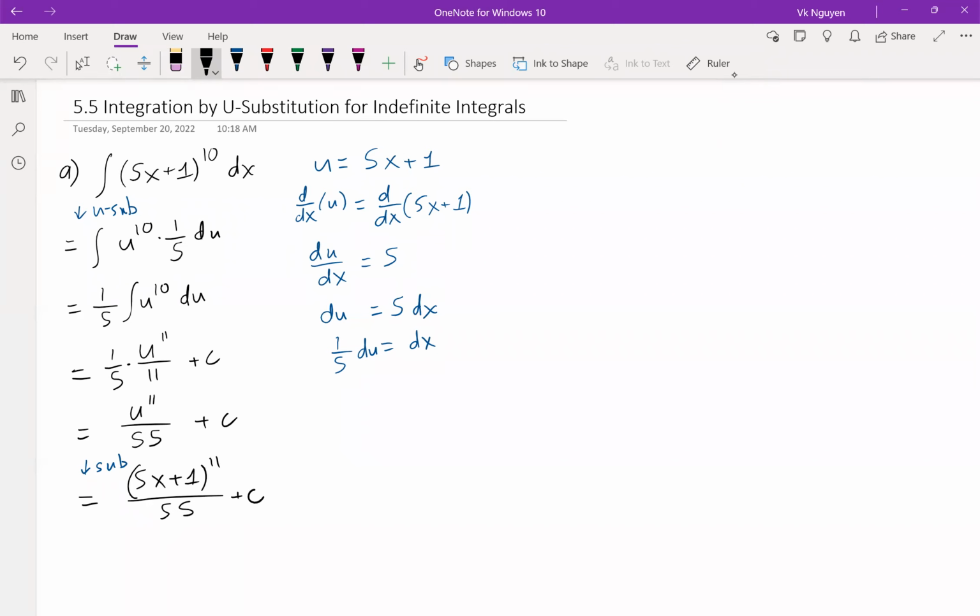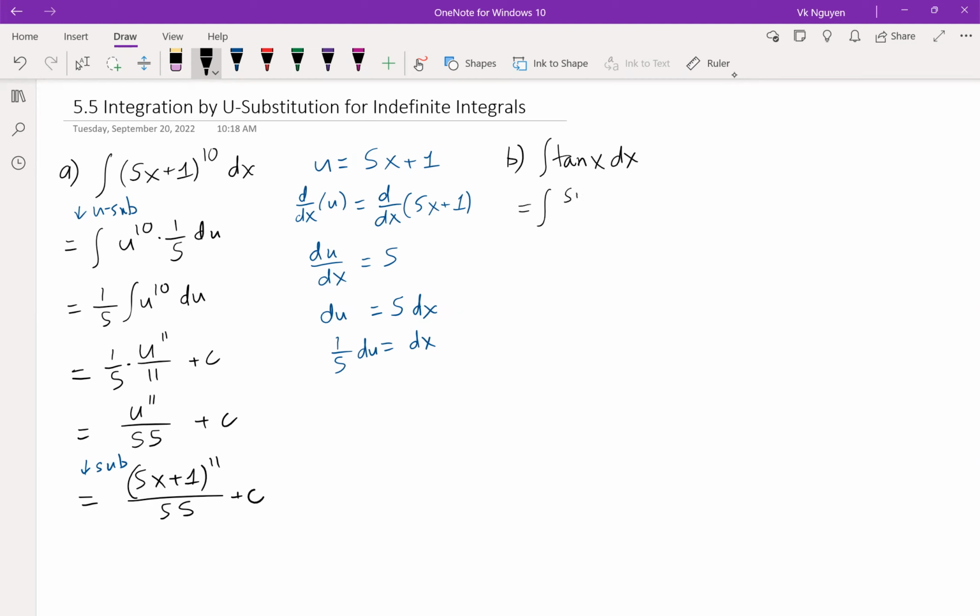Here comes another example. B. Integration of tangent x dx. There is no antiderivative of tangent x that we know directly. We can solve this using a trigonometric identity.